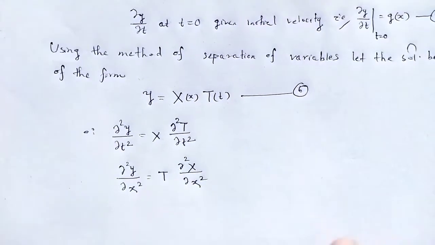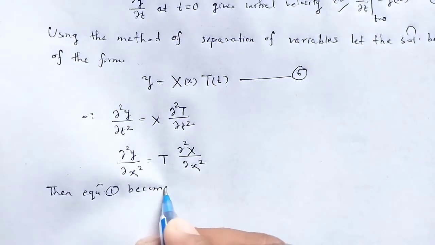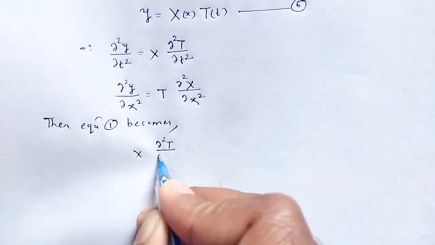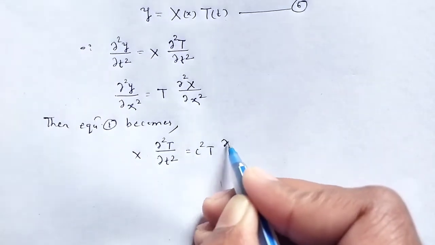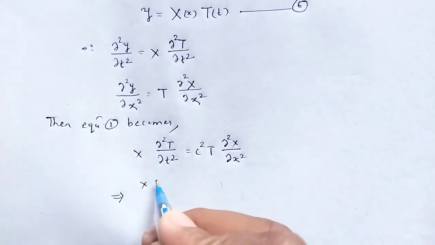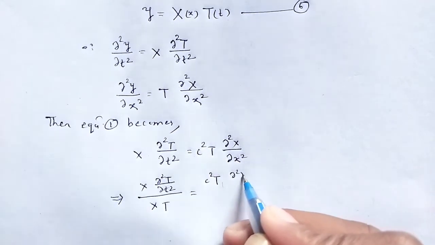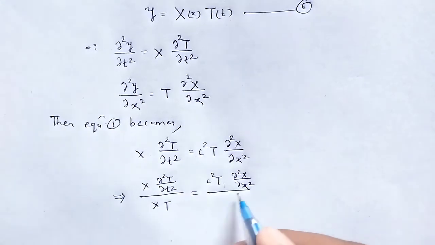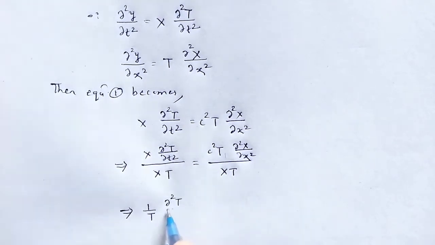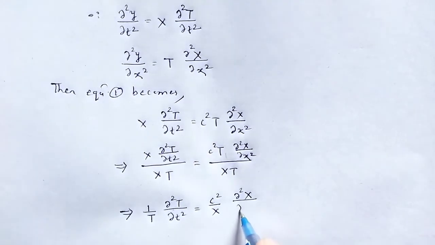Putting these values in equation 1, equation 1 becomes X del 2T del t2 is equal to c square T del 2X del x2, which implies divide by XT on both sides, that is X del 2T del t2 divided by XT is equal to c square T del 2X del x2 divided by XT, which implies 1 by T del 2T del t2 is equal to c square by X del 2X by del x2.